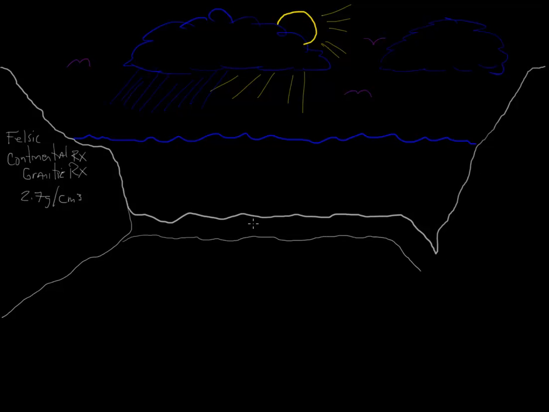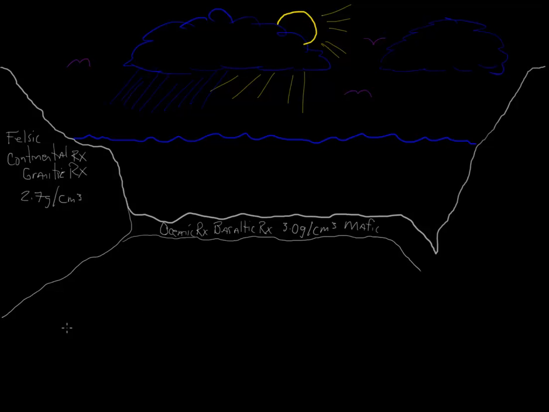Okay, and then we have oceanic rock, or instead of granitic rock, basaltic. It has an average density of about 3.0 grams per cubic centimeter, and is made out of incredibly mafic rock.